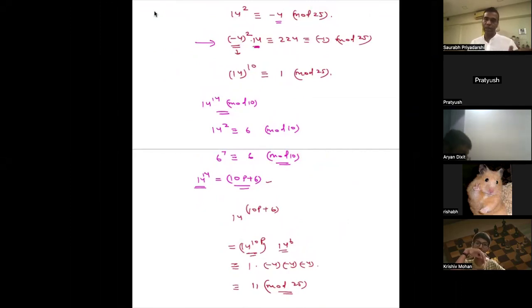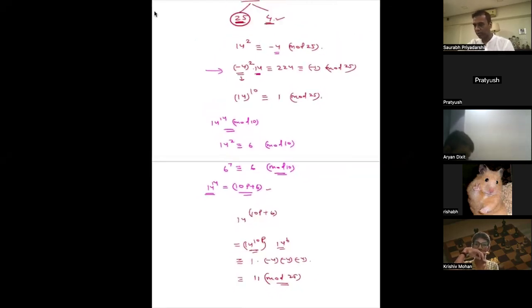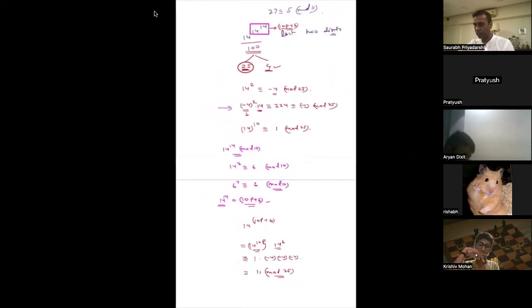I'll not use the Chinese remainder theorem directly, but indirectly I'll go for the CRT. Then you can understand exactly what this CRT is. Up to this step, anyone finding any problem, I'll suggest please note it down. If you are finding any problem up to this, please ask.